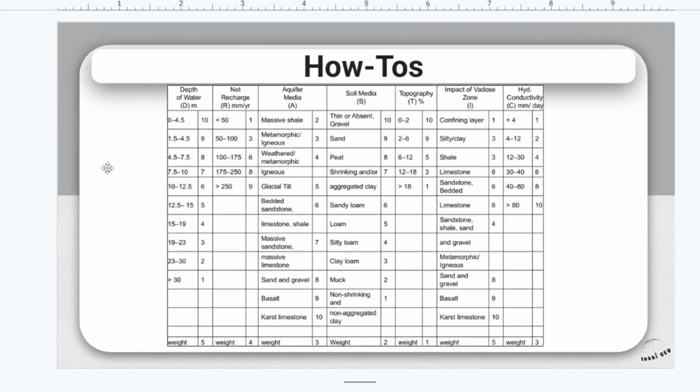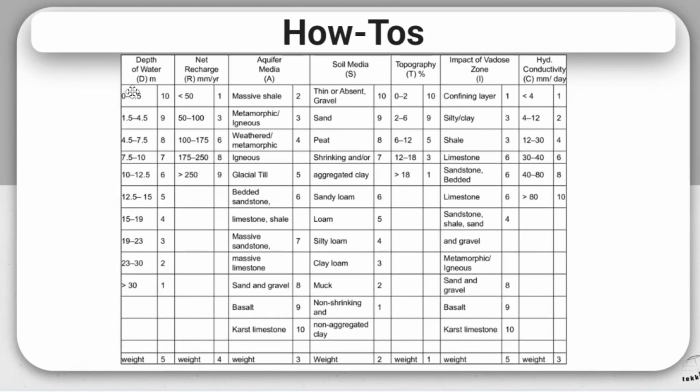For example, if you look at this table here, see how depth to water in meters we're having from 0 to 4.5 being a separate range, and we're having 30 as the max, and then all the way up. In our case, 30 is not even anywhere near our minimum value, so you can in fact never be able to use this at all.